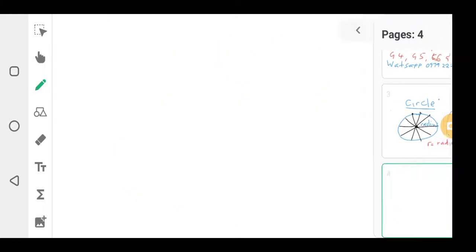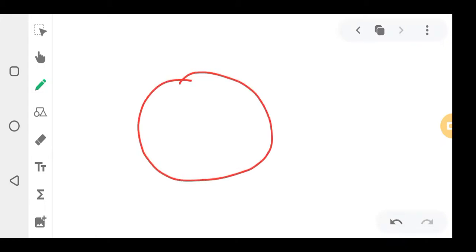There's also what is called the diameter. If this is the circle, from the center to here is a radius. When I draw another radius on this side, 2 radiuses when added form what is called the diameter. So diameter is equal to 2 radiuses.